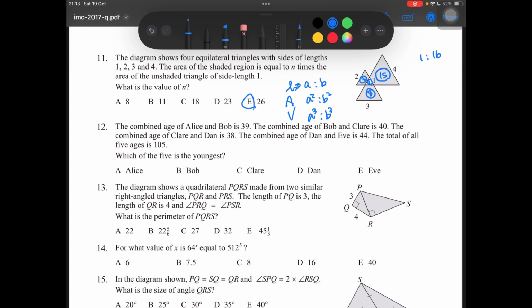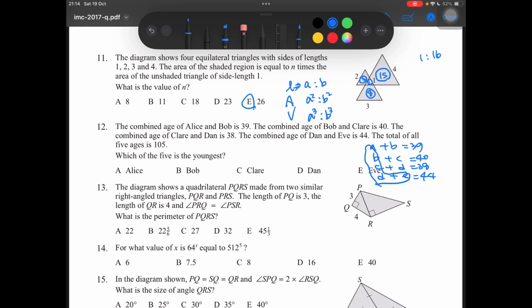Number 12. The combined age of Alice and Bob is 39. Bob and Claire is 40. Claire and Dan is 38. Dan and Eve, 44. The total of the 5 ages is 105.